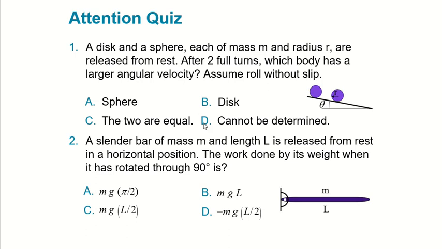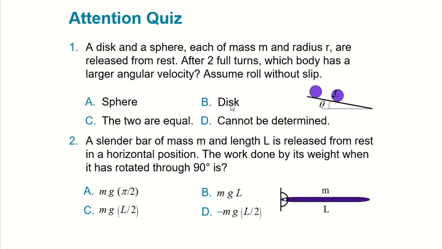C and D are out right away because you can determine the angular velocity, and the sphere and disk are not equal. Therefore, C and D are out right away, and you have to choose between the sphere and disk, but they have the same mass and the same radius.